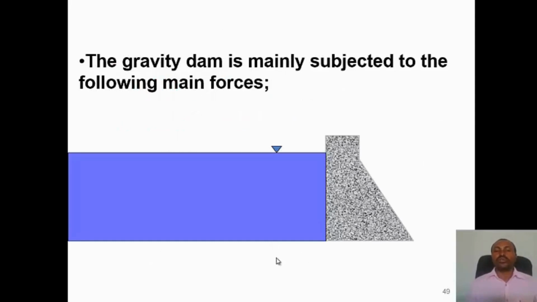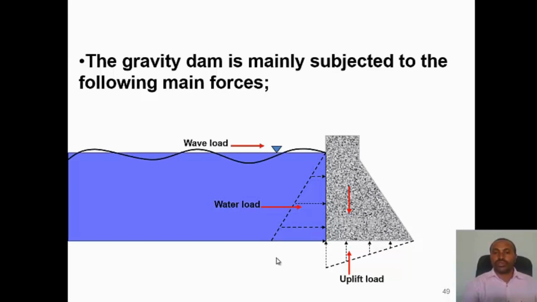Okay, so the gravity dam is mainly subjected to the following main external forces. Let us see. If you have a water reservoir, then you have water load. Then self-weight of the dam, which is W, then uplift pressure, then wave pressure or wave load.